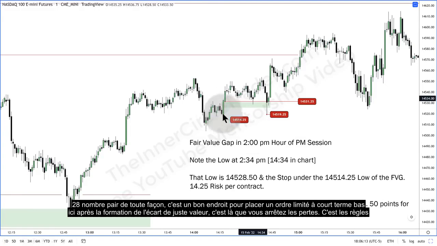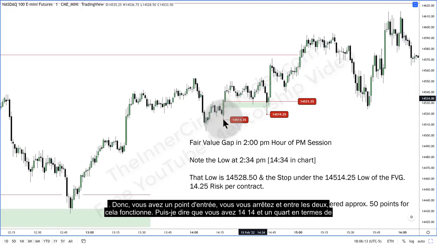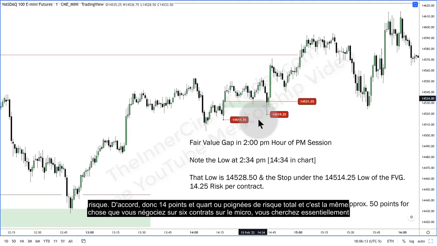The short-term low down here, after the fair value gap forms, that's where your stop loss is. That's the rules. So you have an entry point, your stop, and between the two of them, it works out to be, okay, let's say you have 14 and a quarter in terms of risk. So 14 and a quarter points, or handles, of total risk.